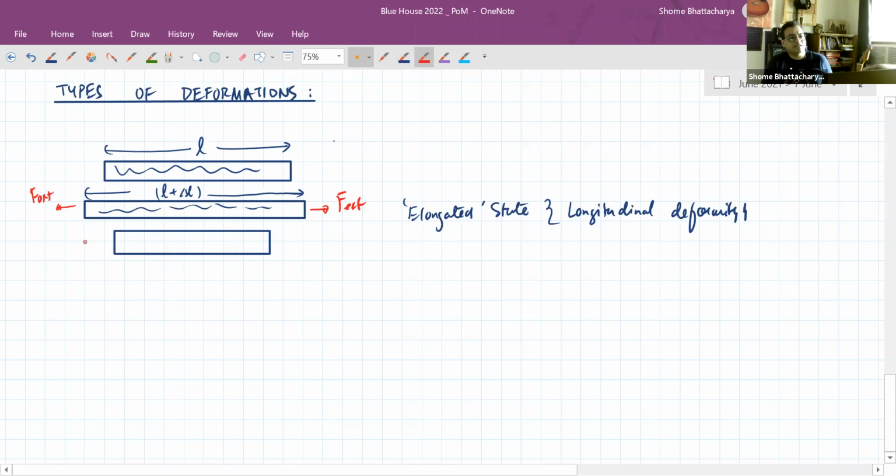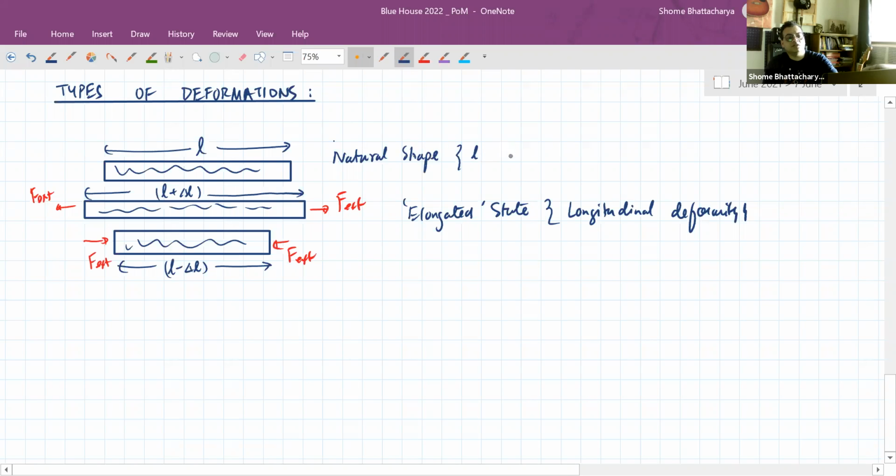Or by applying external force like this, we are making a certain material experience a compression. So compression is also a type of longitudinal deformity. Whereas here, this is in its natural shape.